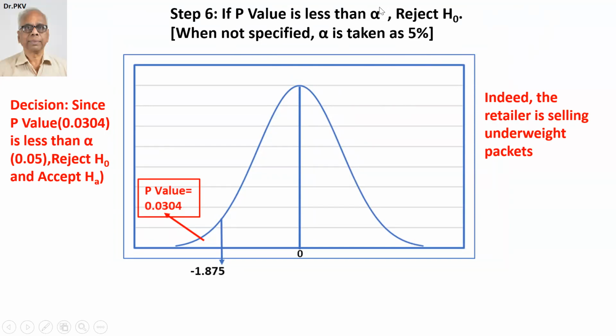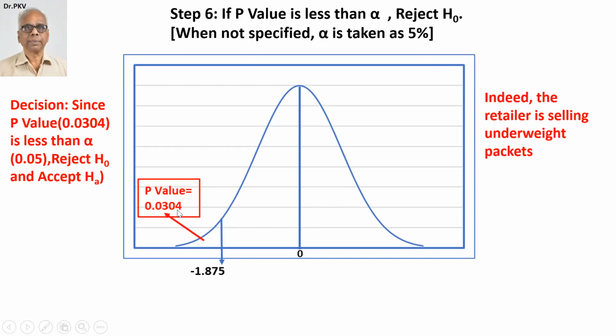You just set a value. By convention, when it is not given, we take it as 5%. You can also take it as 1%. Now, what is the decision? Whenever the p-value is less than alpha, you reject H0 and accept HA, the alternative.